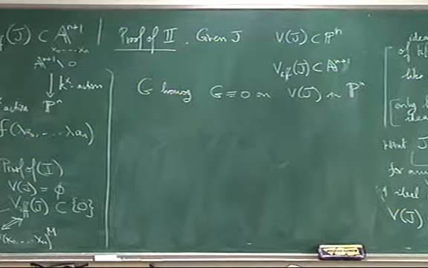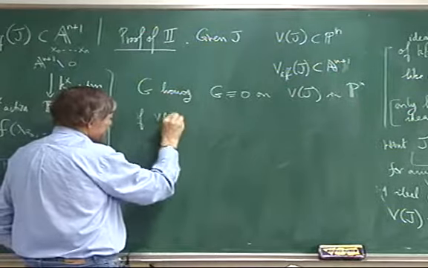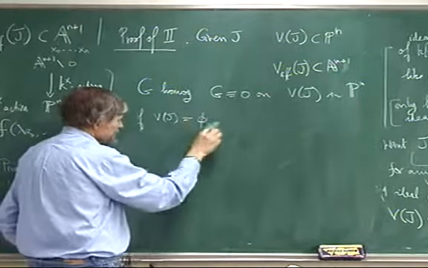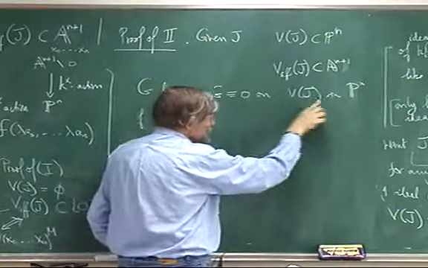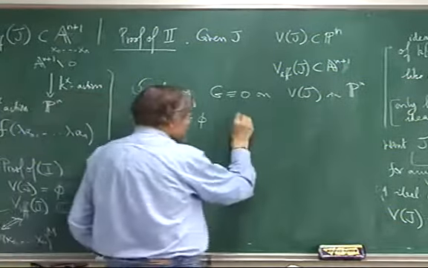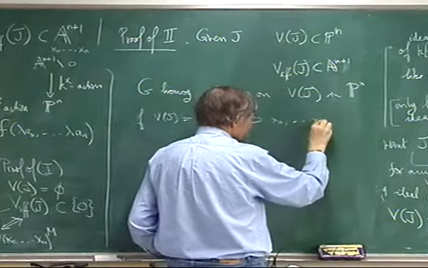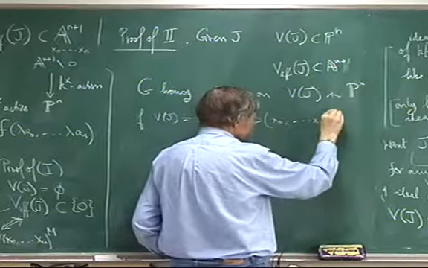Right, so if V of J is the empty set, then this is not a very strong condition. Right, then J contains x_0 up to x_n to some power m.